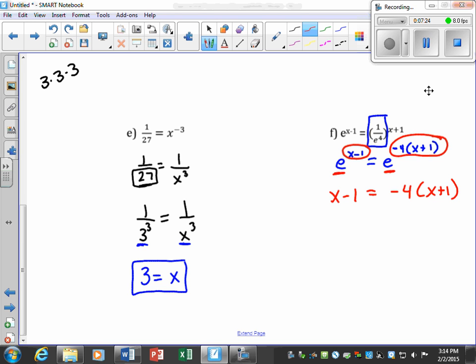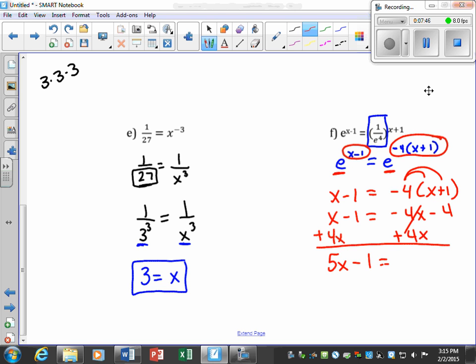Now we're just going to simplify this. Distribute over here, negative 4x minus 4. We want to get all of our x terms on the left if we can, or on the same side, however you prefer to do it. 5x minus 1 is equal to negative 4.